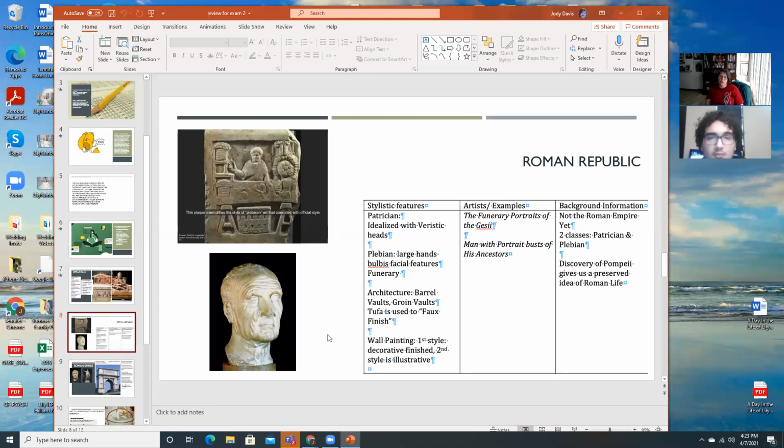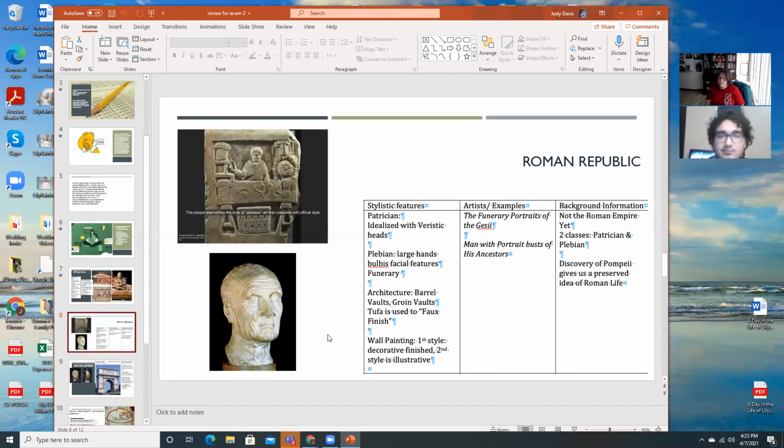And so you get this really strange sort of looking sculpture because the idealized body doesn't seem to go with the wrinkly face. So if we were to ask to identify the elements in that sculpture, you would point out verism and idealism in the same sculpture? Yeah, definitely.